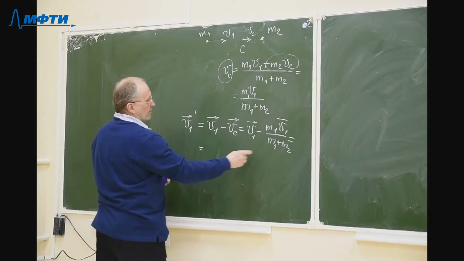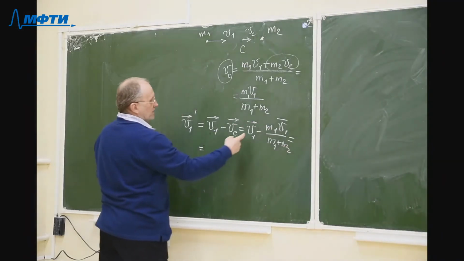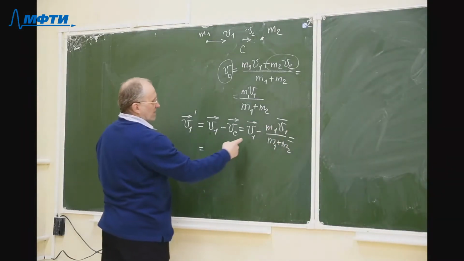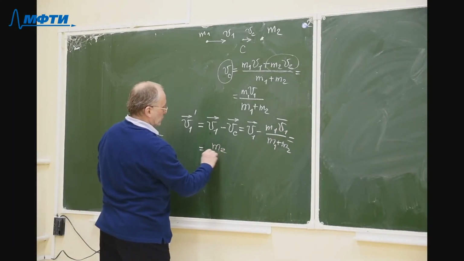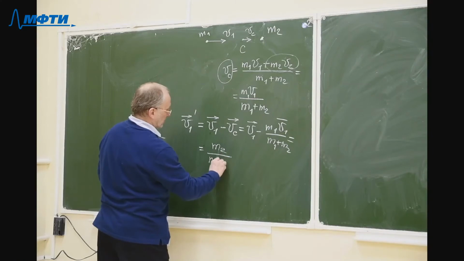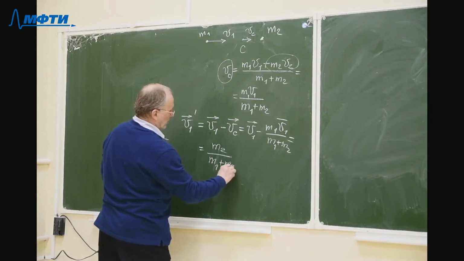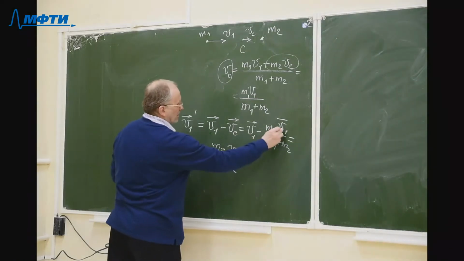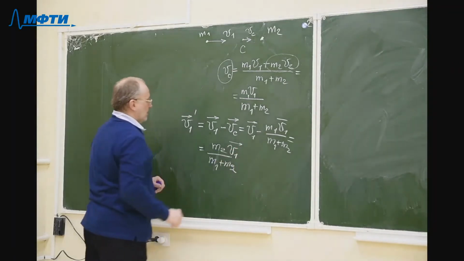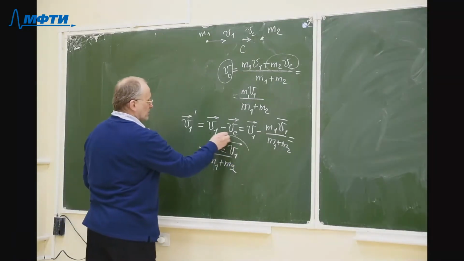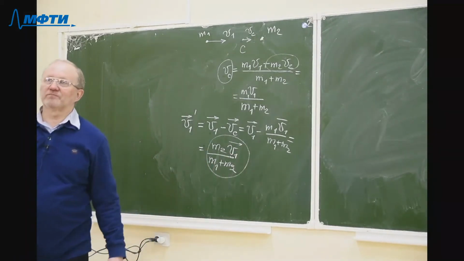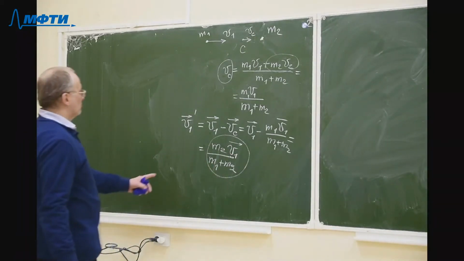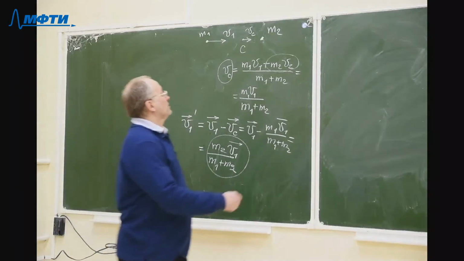And if I factor this formula by v1, I will obtain m2 divided by m1 plus m2, times v1. So that will be the new velocity of the first particle in the center of mass reference frame, as viewed from the center of mass. What will be the velocity of the second particle?